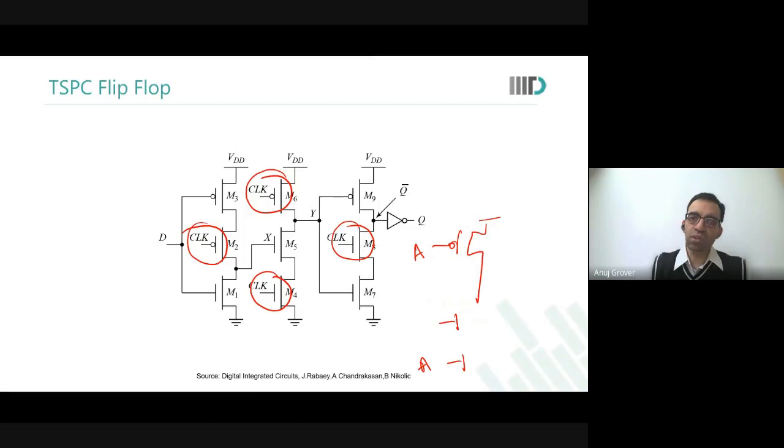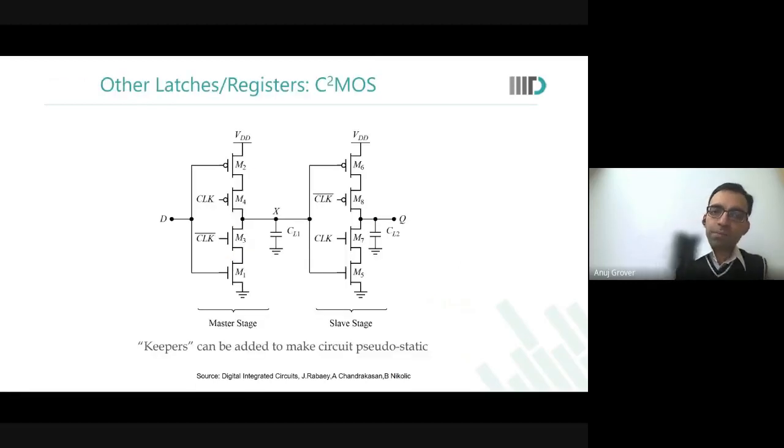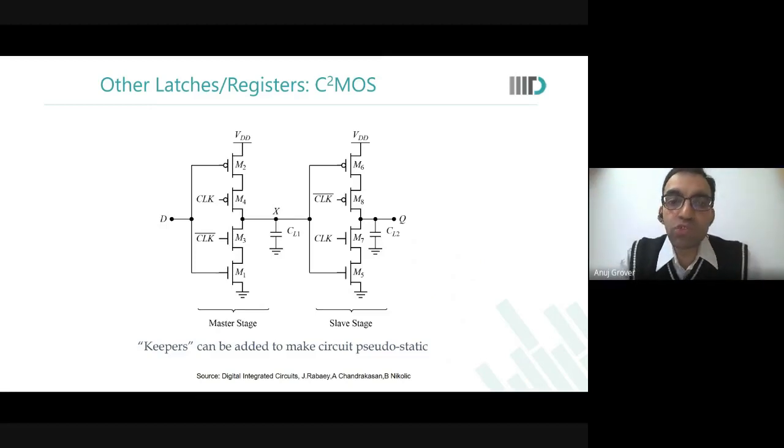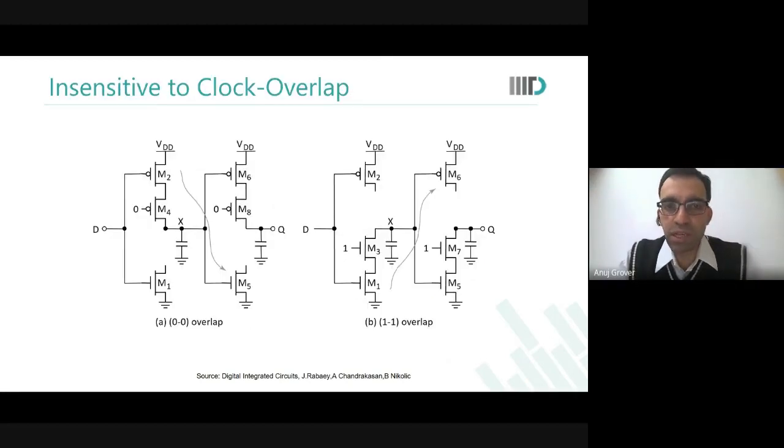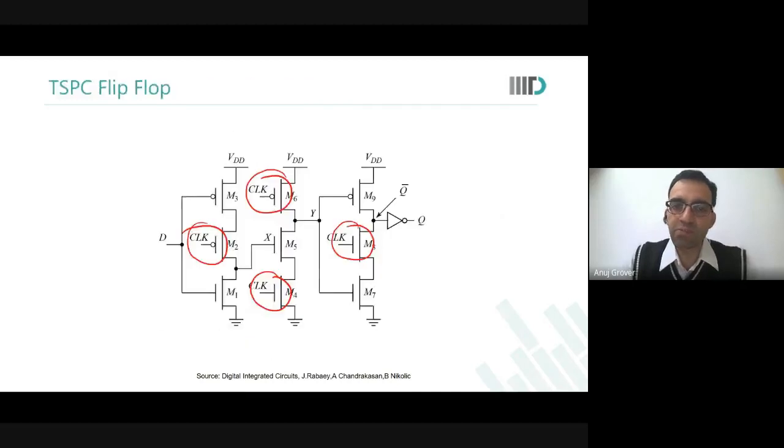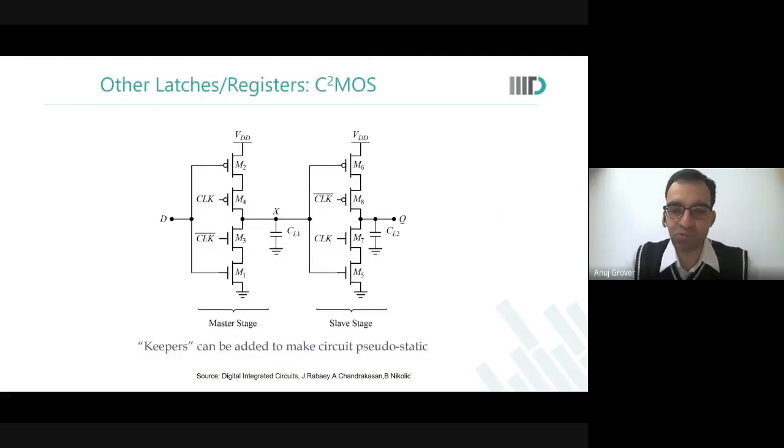Okay, so this is another kind of latch which is called the C2MOS latch. Hello, what is happening? It is as if someone else is controlling the movement of the slides. So this is the C2MOS latch, where again this has much lesser number of transistors.